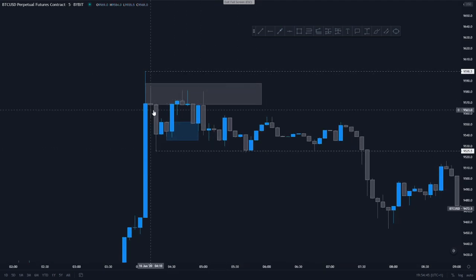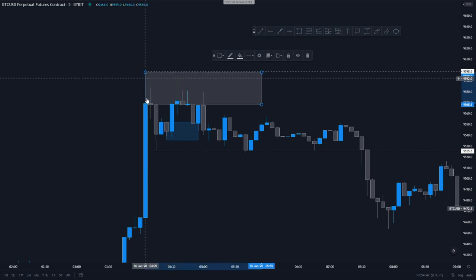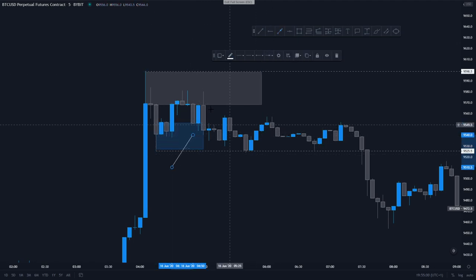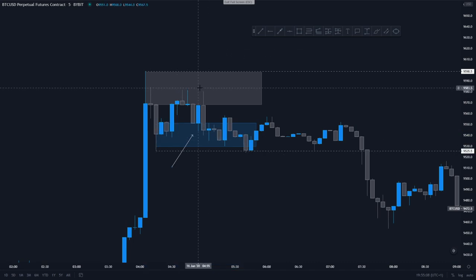So when the price formed this supply zone, it came down, then you had a bullish engulfing here. Look, the price came into this bullish engulfing. Do you see this here? Then it went up again into the supply zone, then came back down, and then after, look, 1, 2, 3 highs at similar price.